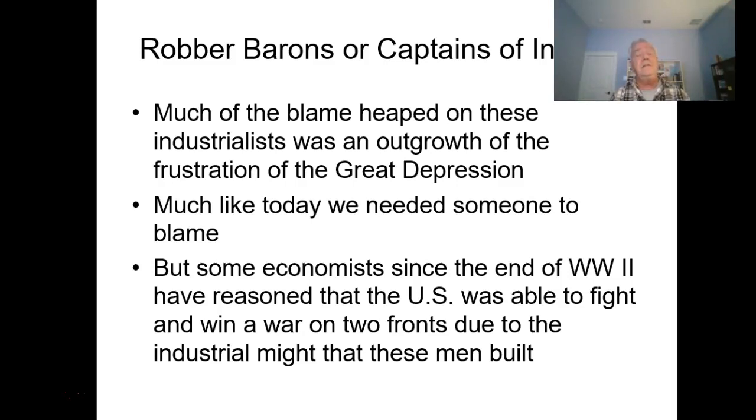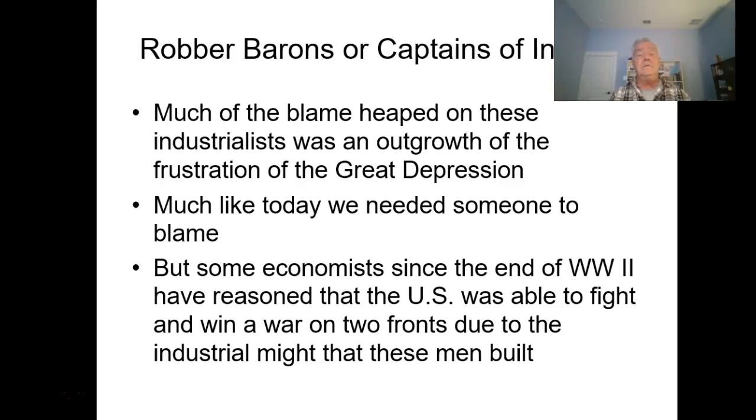Possibly the industries that they created were the key to why we were so successful in World War II and able to fight a war on two sides. We built massive amounts of ships, airplanes, tanks. Okay? Factories that were producing automobiles were converted to tanks, airplanes. A tremendous job during World War II.